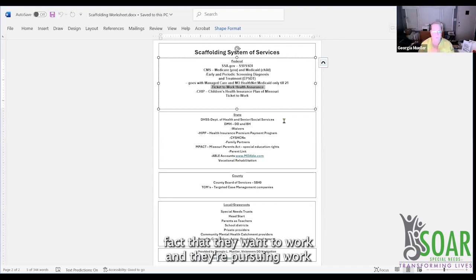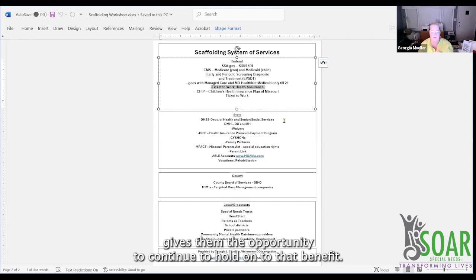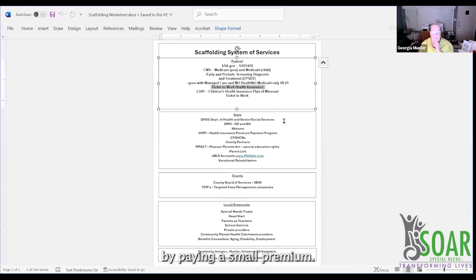The fact that they want to work and they're pursuing work gives them the opportunity to continue to hold on to that benefit. Ticket to Work health assurance is a work incentive benefit, and it can be accessed by paying a small premium.